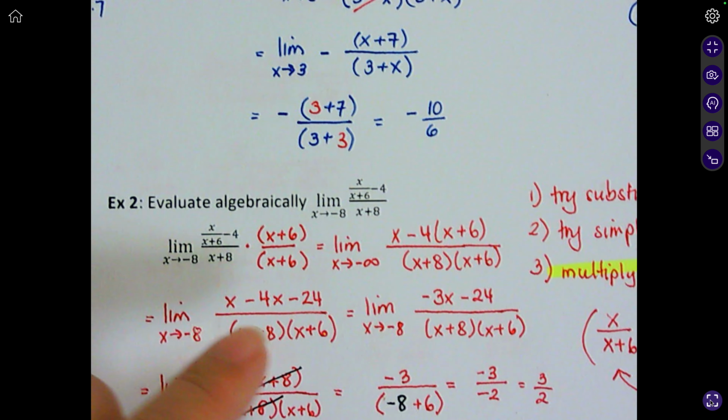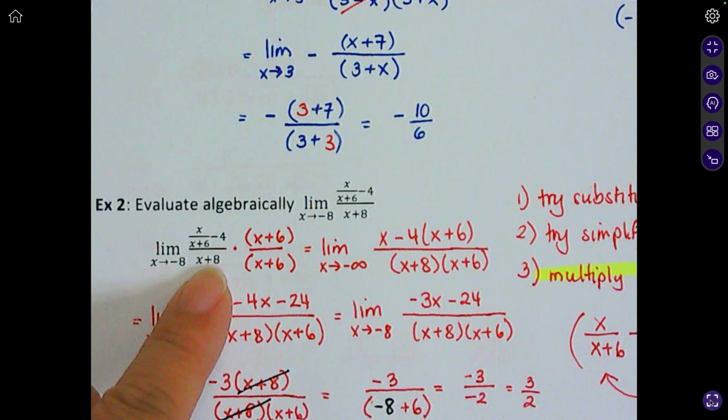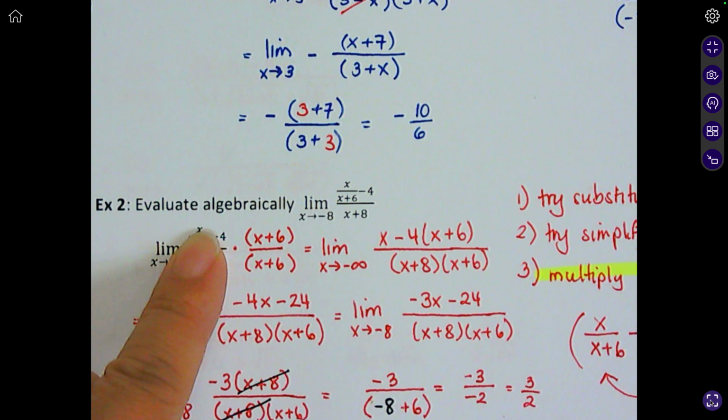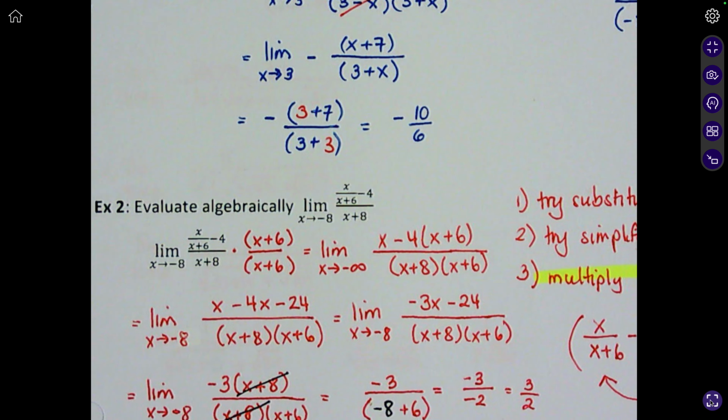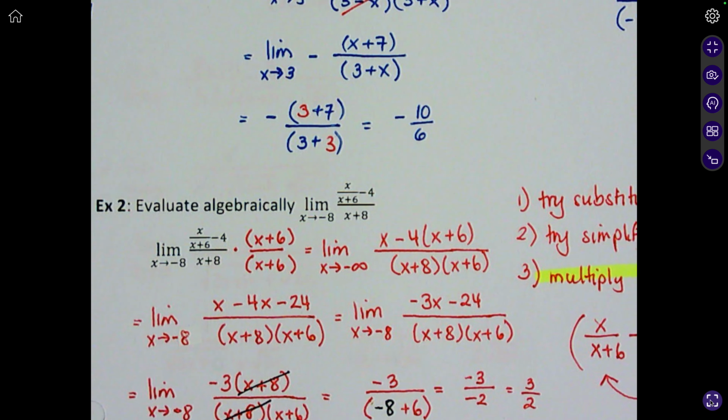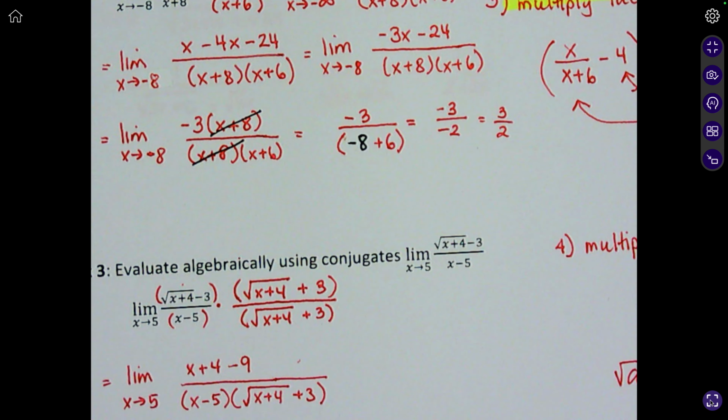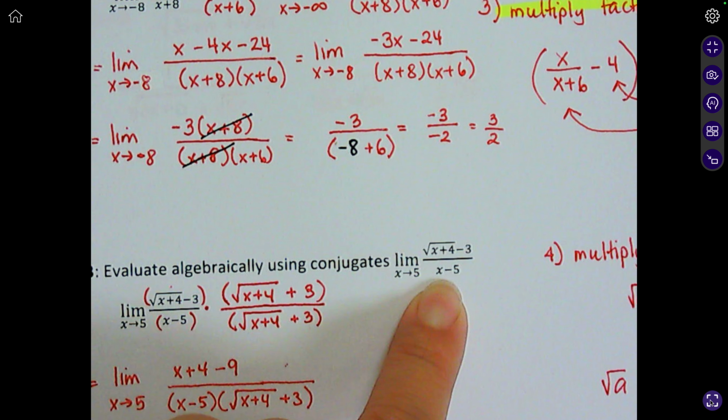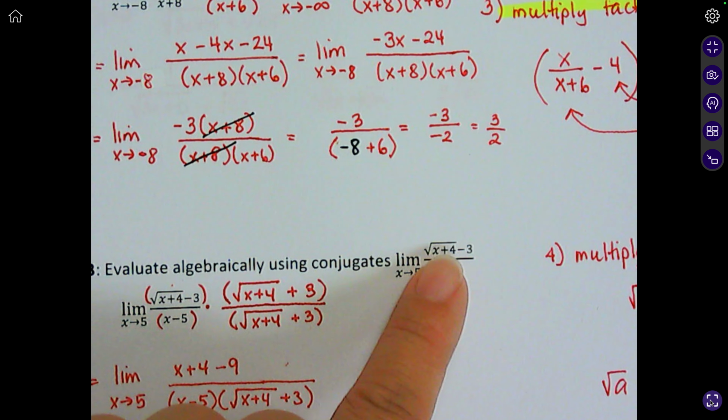In the previous problem that we did, do you guys see that when I plug in a -8, my denominator is 0? But do you see that my numerator is not? If I plug in a -8 here and a -8 here, I'm going to get some number. It's not 0. Same thing here. If I plug in a 5 here, I'll get 0 here. But that's going to be what? Oh, that's also 0.